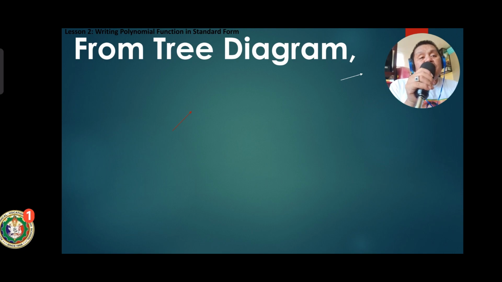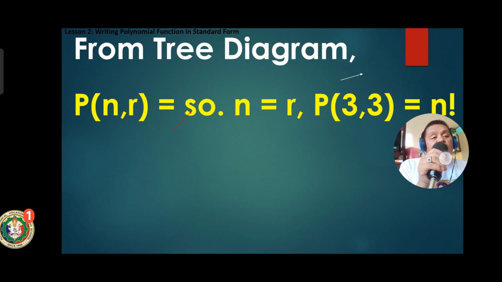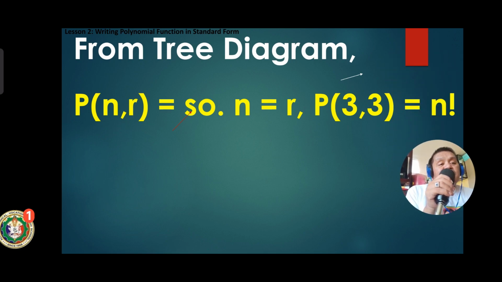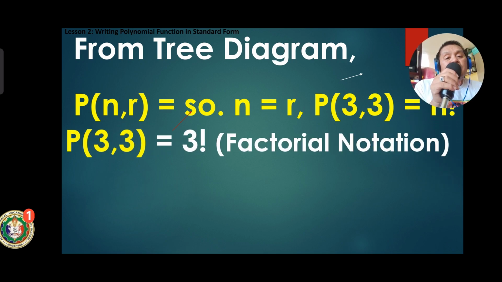We have now from the tree diagram, permutation of n objects taken r at a time. If n is equal to r, therefore we have permutation of 3 objects taken 3 at a time is equal to n factorial. You have now permutation of 3 letters taken 3 at a time, equal to 3 factorial.